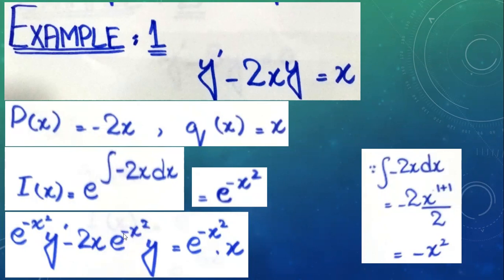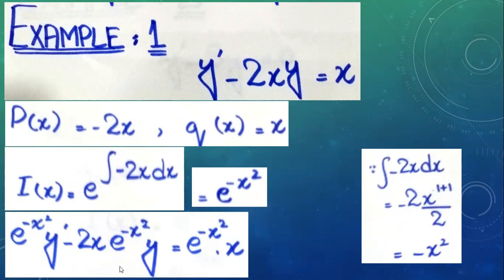If you take the derivative of exponential power minus x squared, you obtain exponential minus x squared times the derivative of minus x squared with respect to x, which is minus 2x. So far we have simplified this equation.